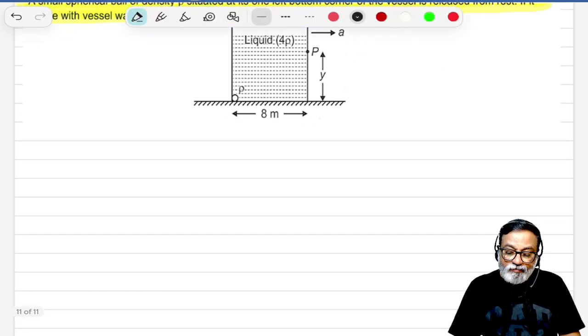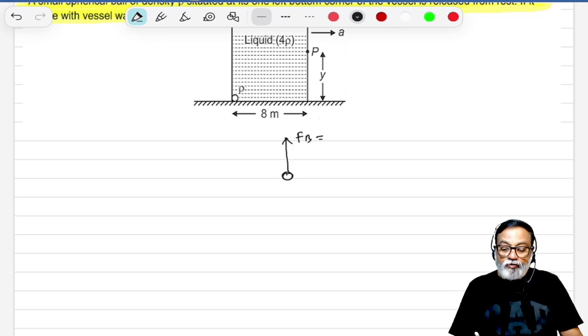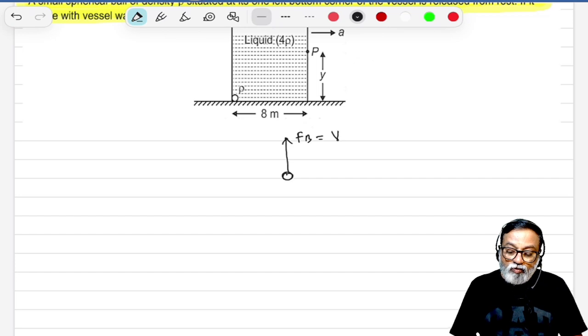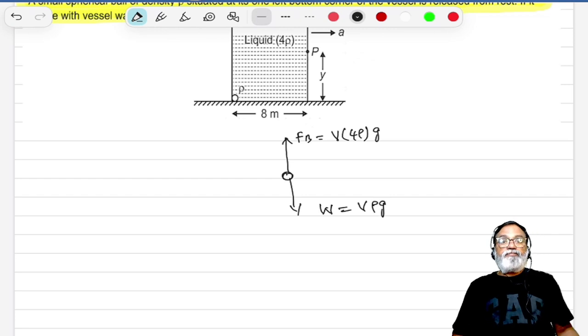See, first we have to consider this as a ball. On this ball, one force is due to buoyancy, that is buoyancy force Fb is equal to V rho g. V into rho means density of the liquid, 4 rho g, and its weight is W, that is equal to V into density of the body rho into g.